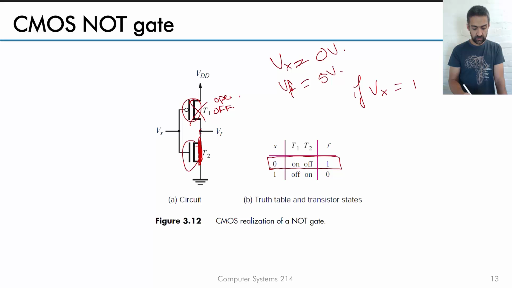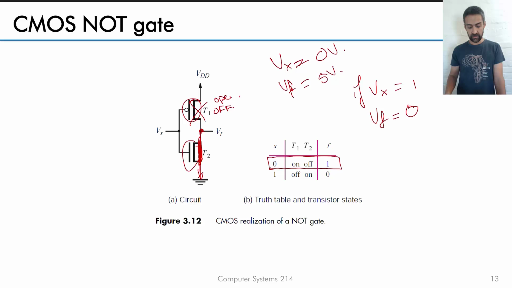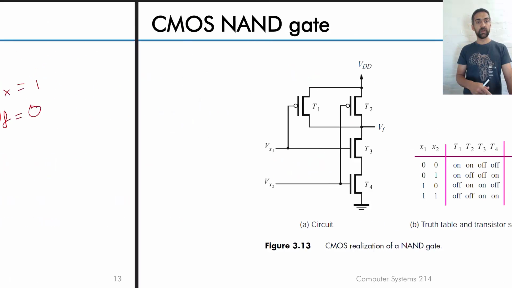Because this is a short circuit, it's pulling that point down to ground. And because it's pulling down, Vf is equal to 0. And that is the second condition here. Input equal to 1 leads to F equal to 0. And that's just a NOT gate, as you'll probably acknowledge.